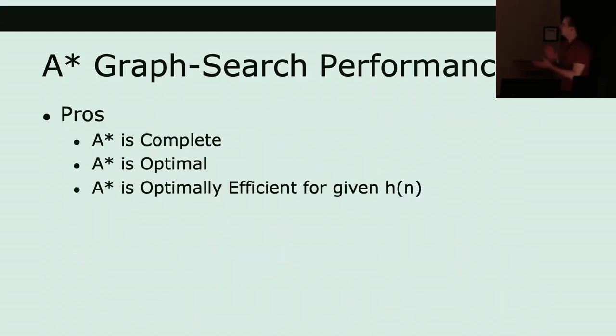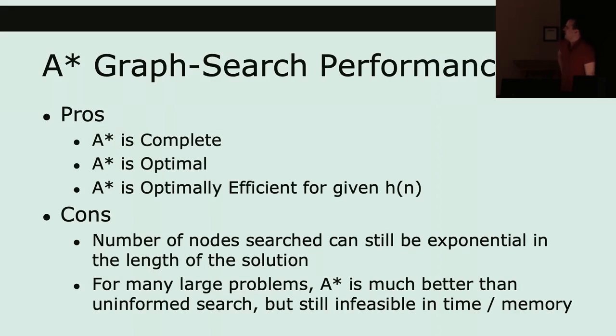So some of the pros of A-star with a closed list and a consistent heuristic is that A-star is complete, meaning it will find a path if one exists. A-star is optimal, meaning it will find the optimal path. And A-star is optimally efficient for a given h of n. Those are pretty good properties to have. That's why it's such a famous algorithm. However, the number of nodes searched can still be exponential in the length of the solution.